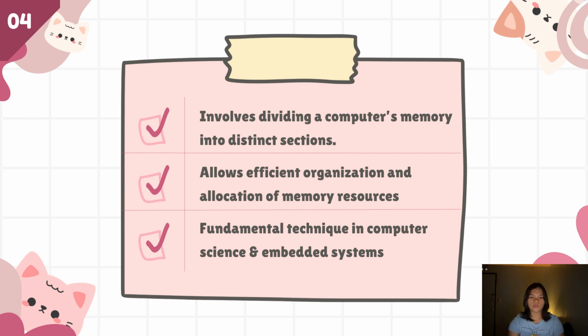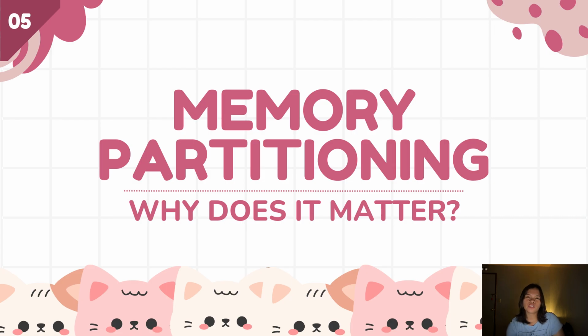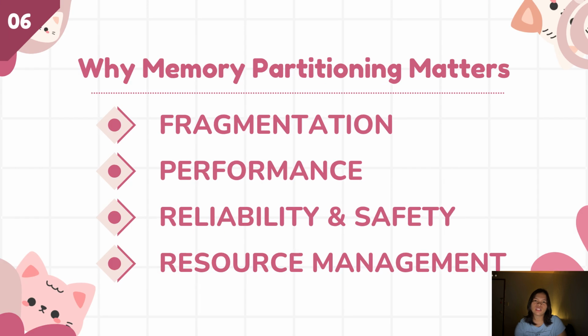performance of the computer. So why does memory partitioning matter? Why is it important? The four main reasons are, first, fragmentation. Proper partitioning minimizes the wasted space in memory. Second is performance. It allows the CPU to quickly access the memory sections, improving speed and reducing delays.